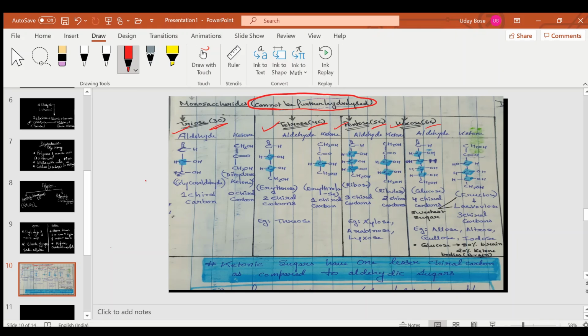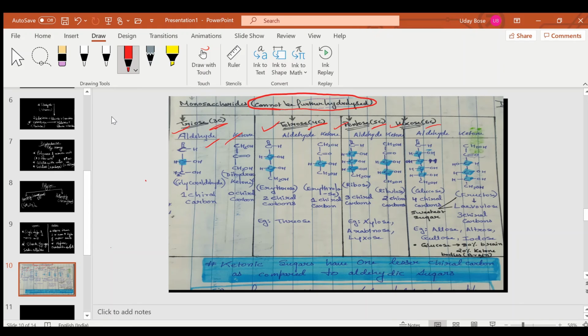Now in all these types of monosaccharide examples, you will always find aldehyde or ketone as the actual functional group, nothing else. Either that monosaccharide is an aldose or it is a ketose, but nothing else.